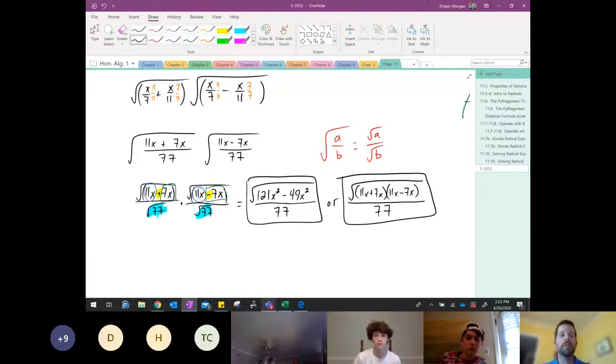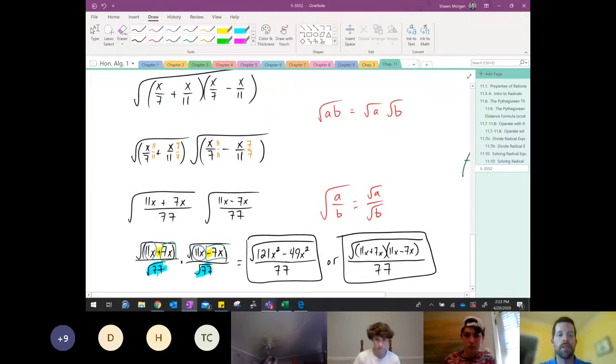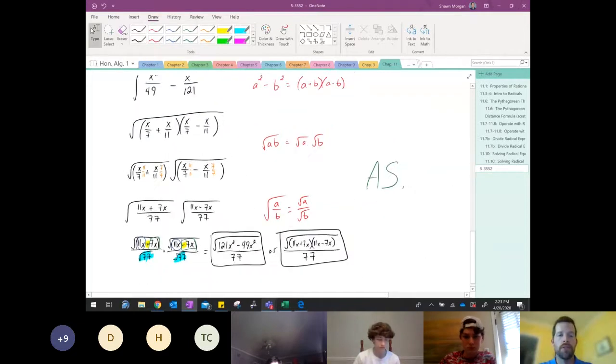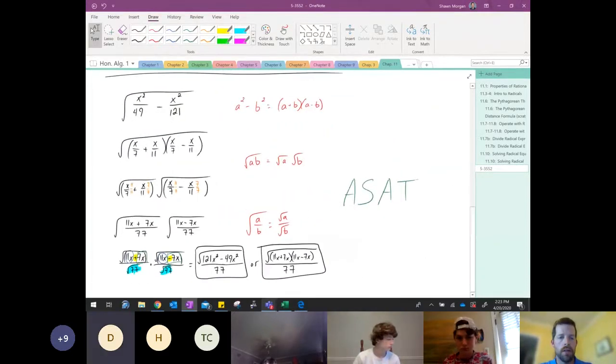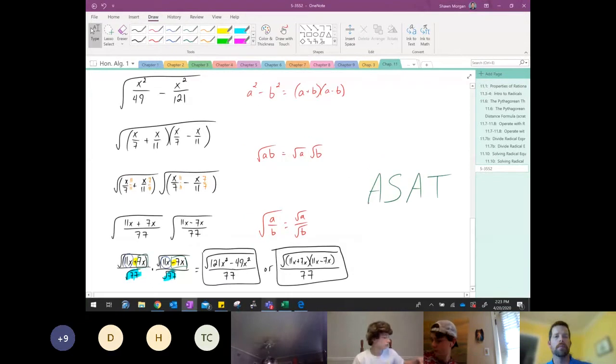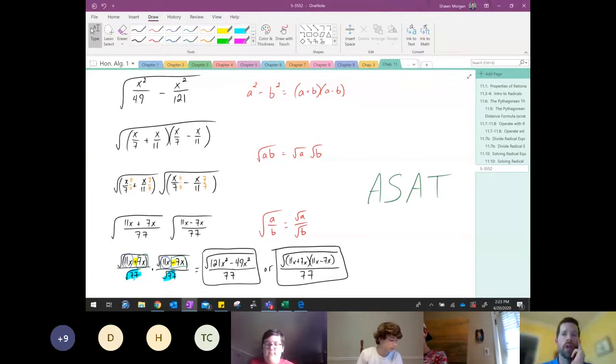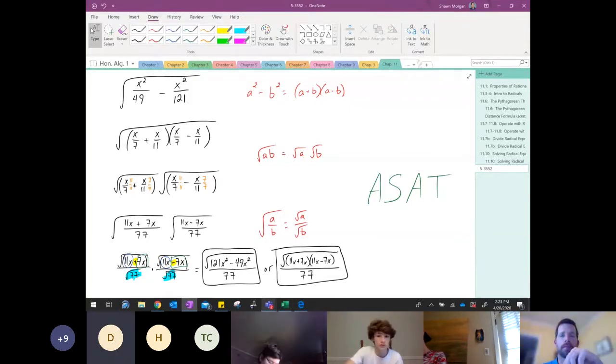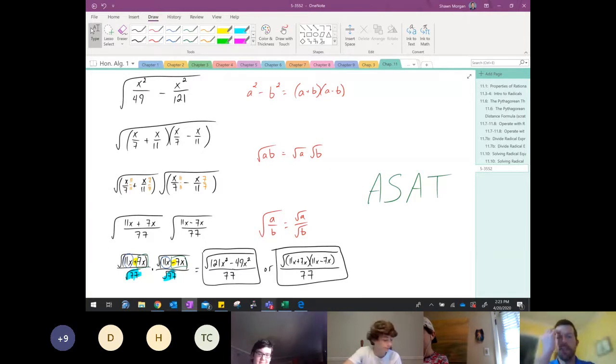Okay, but what was the main instruction for this problem? Did you guys notice that? What was the instruction that they told us? Who's got their book? Read the one word at the very beginning of the instructions. Simplify. It says simplify.